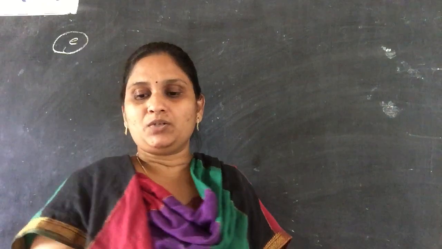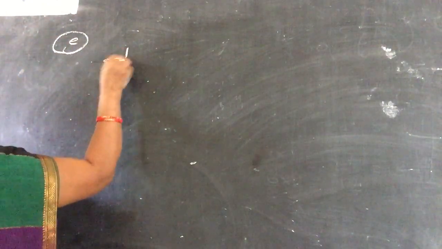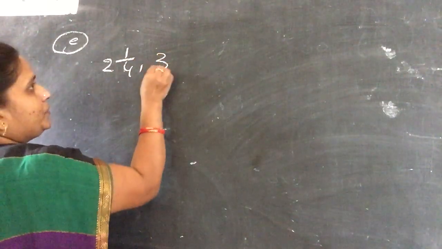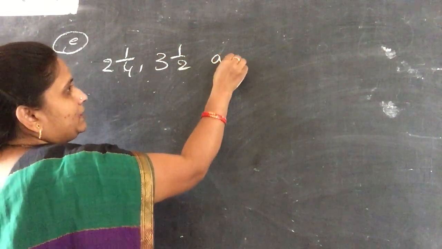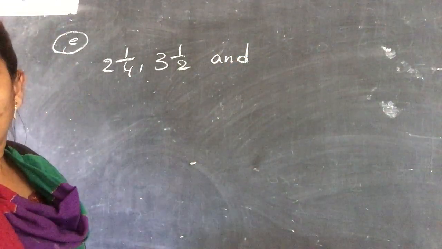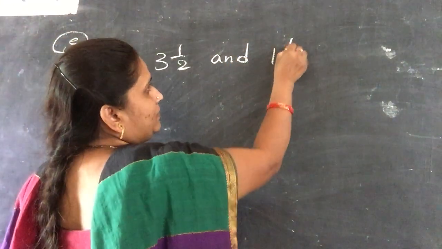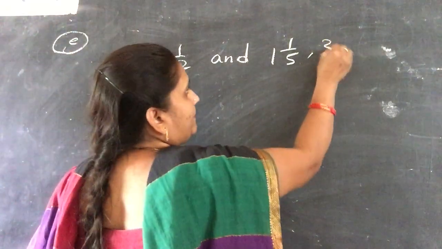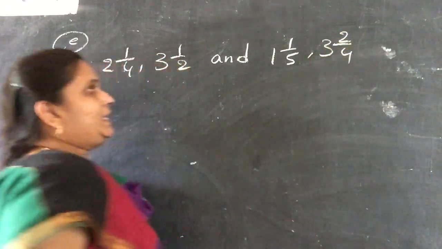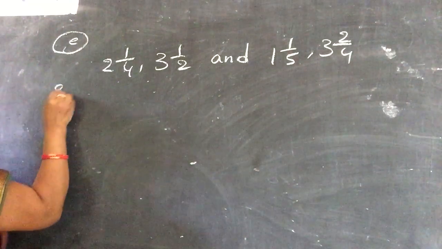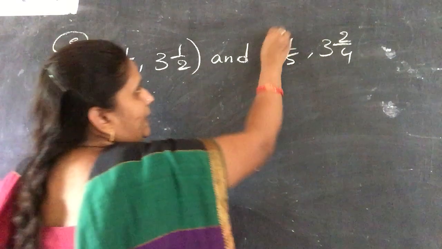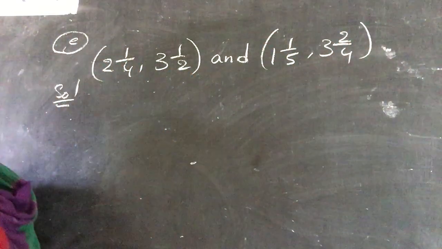So here what we have to find? 2 1/4, comma 3 1/2 and 1 1/5, comma 3 2/4. Now how to do the sum? First these two you have to multiply and the next two we have to multiply.